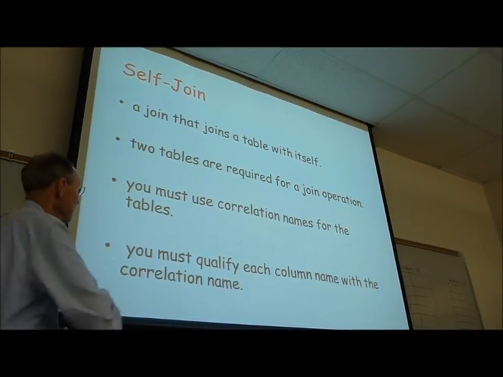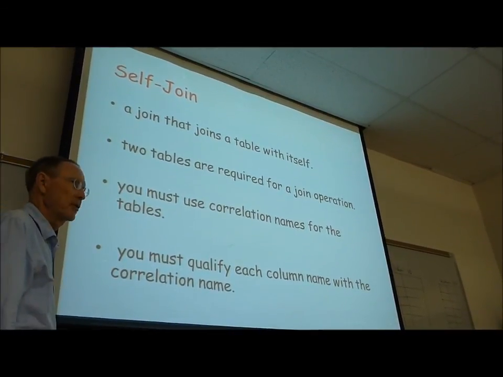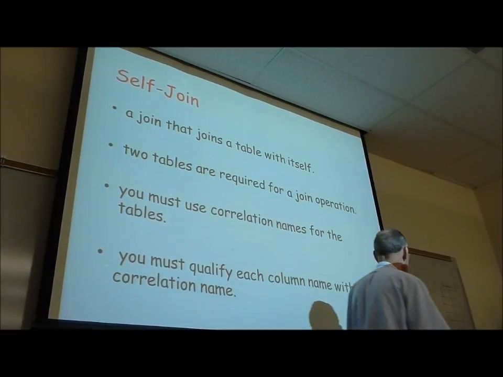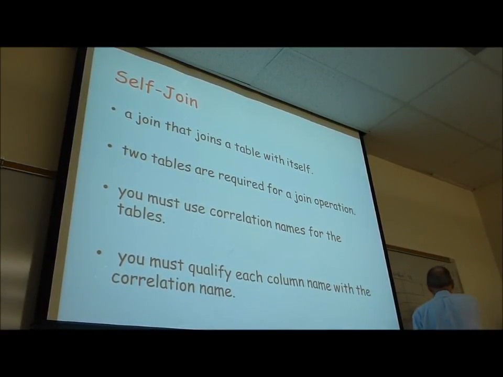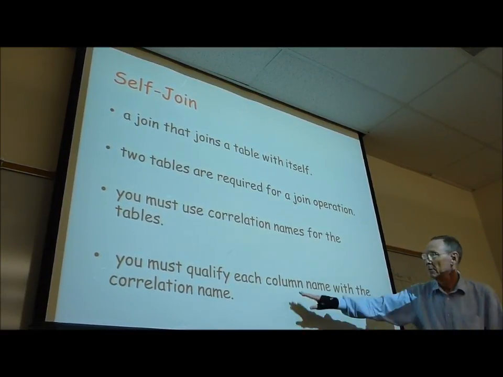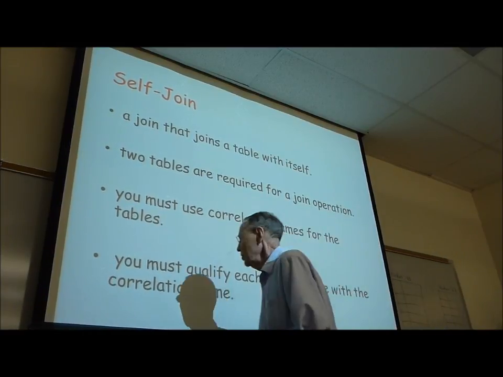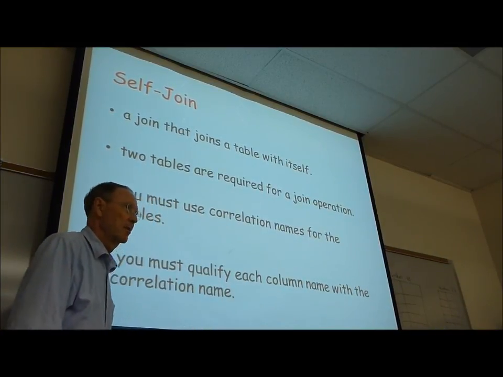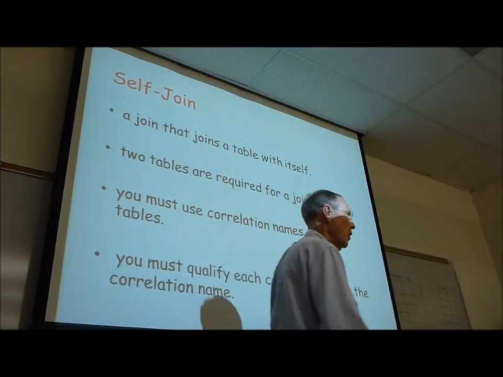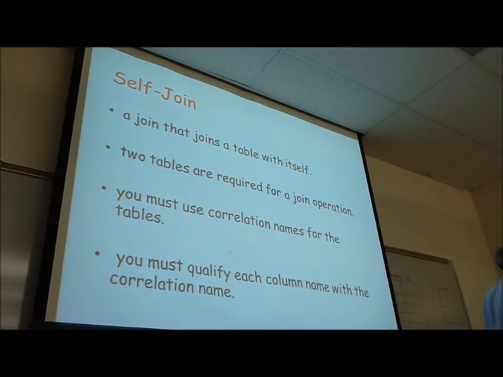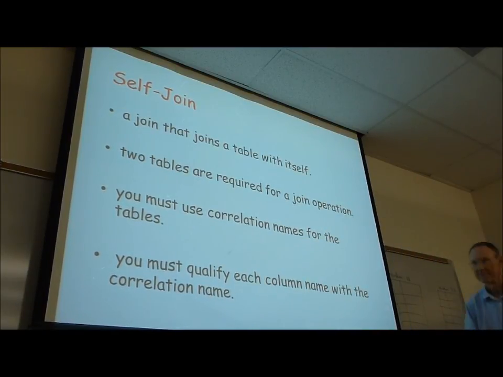And again, we have to use those correlation names now because then both of them look alike. So I've got the little correlation names. And I must qualify each column in the correlation. Because I've got to say which city and which table are you talking about.